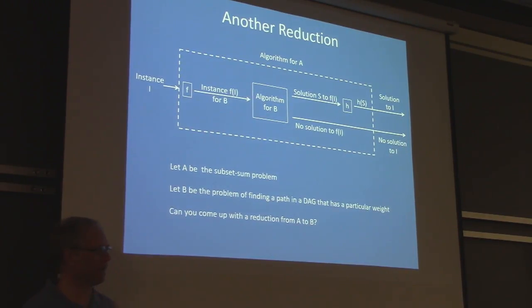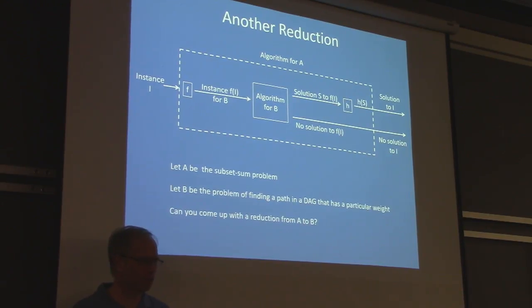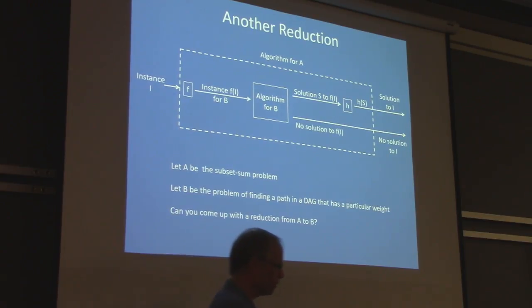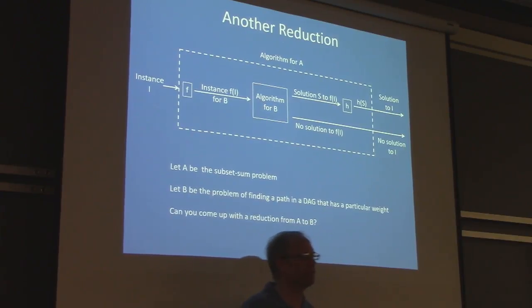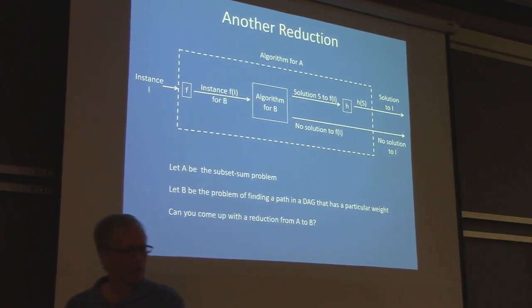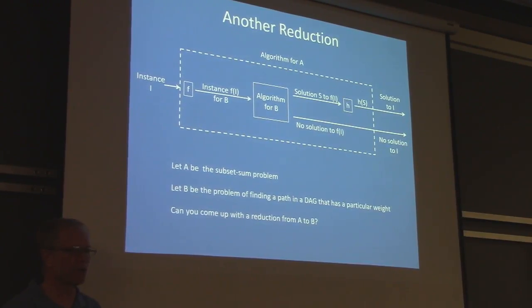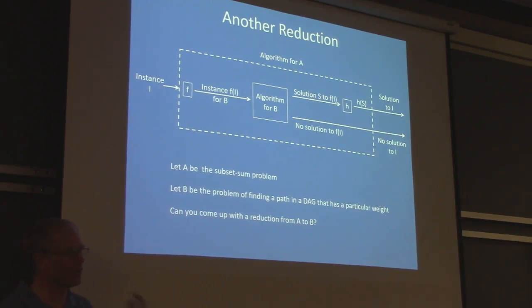All right, I want you to think about that for a few minutes. So you're writing a program. In your library, you find an implementation of this DAG problem, and you want to leverage it to produce an algorithm for subset sum. So in other words, I need a reduction.